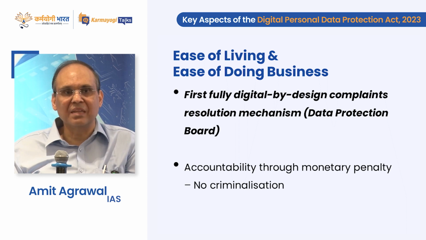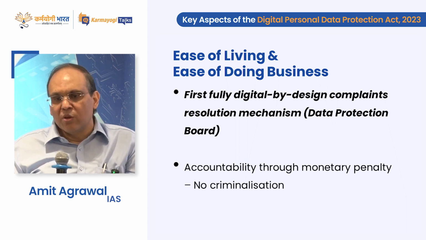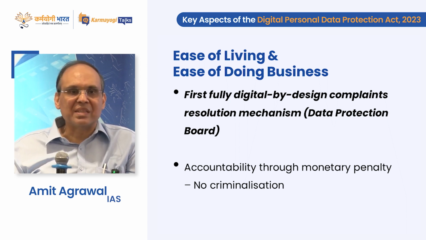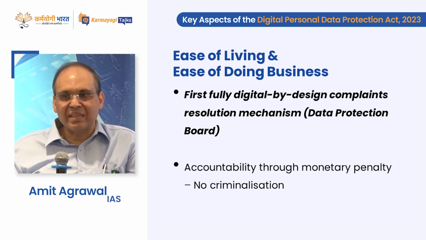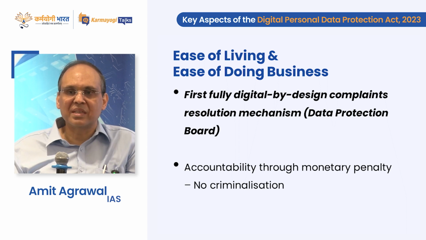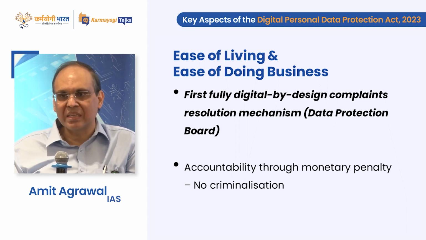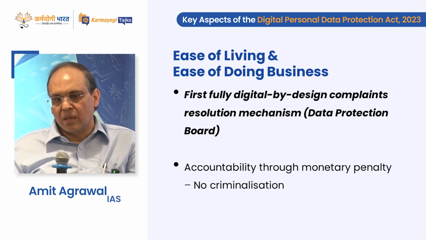So it is at the level of obligation, it is at the level of principle. There are no multiple data classes, all data is uniformly protected. So there's no sensitive personal data like under the IT Act or the earlier bill, critical personal data, sensitive personal data and personal data. It's just, if it is personal data, everything is one and everything is equally protected.